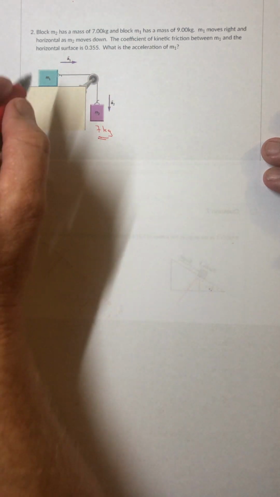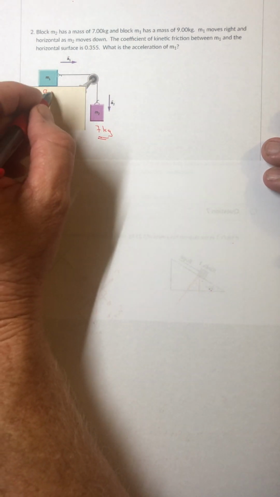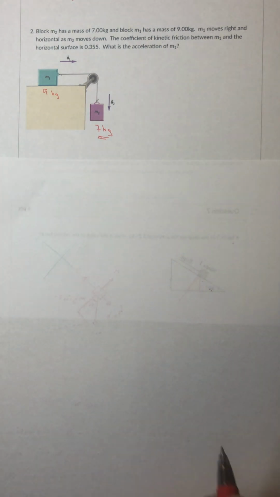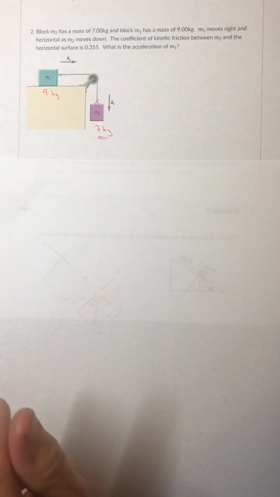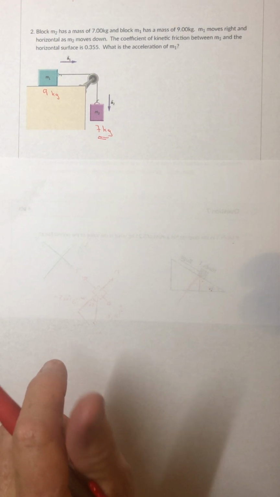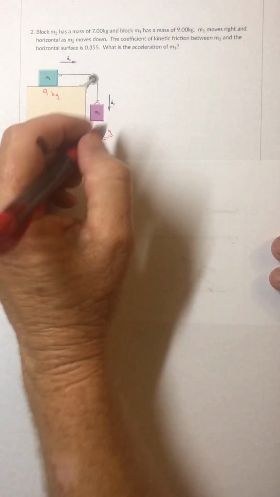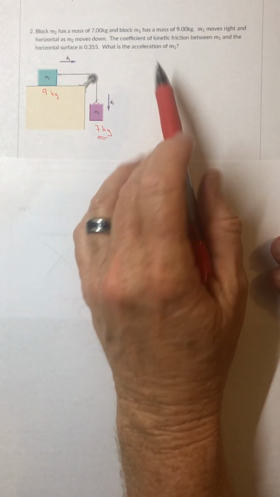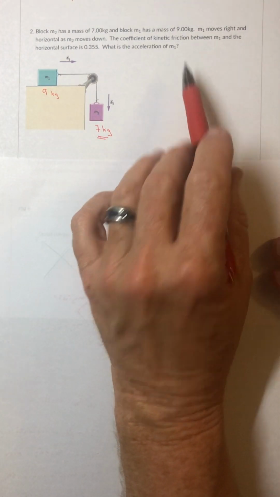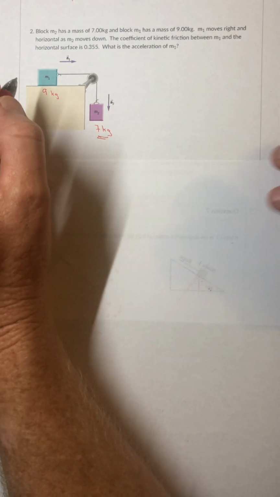And block number 1 has a mass of 9 kilograms. Block number 1 moves to the right horizontally as number 2 moves down. The coefficient, so there's some friction, is 0.35.